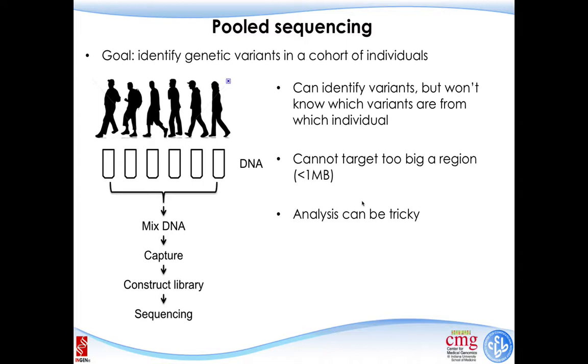Now you are bringing many more people's DNA sequences into it. And so you identify genetic variants in a cohort of individuals, not only one individual. You can identify the variants, but won't know which variants are from which individual. So this is one of the problems. But if your goal is to see which variant is associated with disease, in many cases you don't need to know which individual the variant came from.